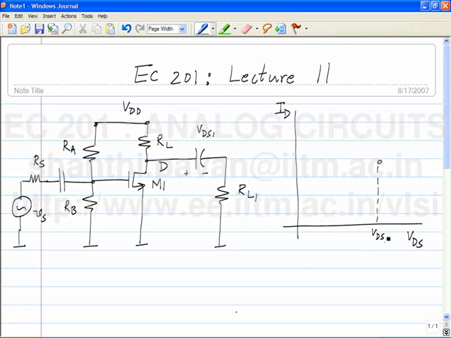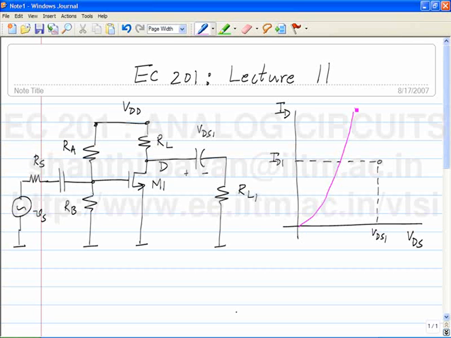VDS1 and some quiescent current ID1, and the limit of the saturation region is some kind of parabola like this, and the locus of VD as the input signal Vs goes on varying has to be a straight line.